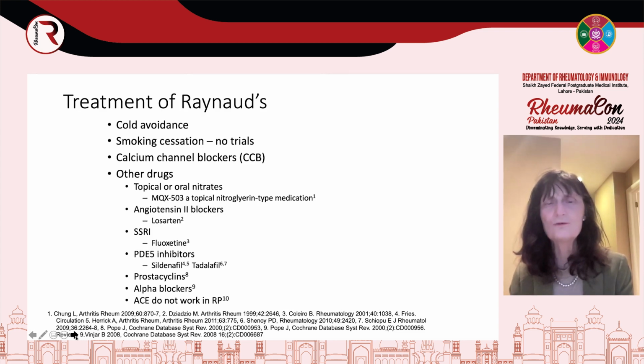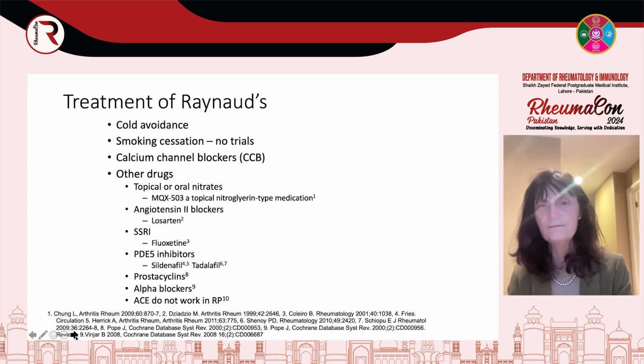Calcium channel blockers would be the main treatment if we need medications. There's topical nitrates, angiotensin 2 inhibitors such as losartan can be helpful. Fluoxetine has one study. PDE5 inhibitors we use a lot in systemic sclerosis, prostacyclins such as iloprost, which is PGE1.